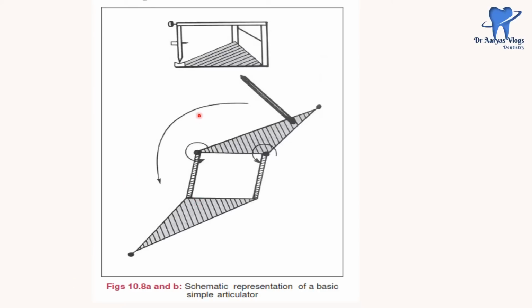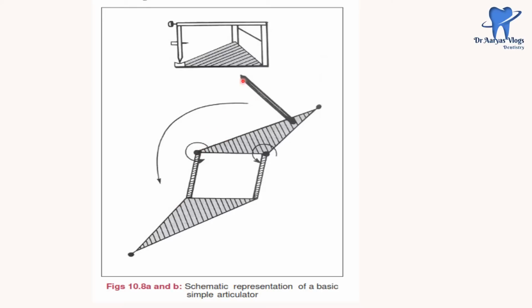The upper member is a triangular metal plate and the lower member is an L-shaped frame. These two members articulate around the condylar element, which represents the glenoid fossa of the temporomandibular joint.